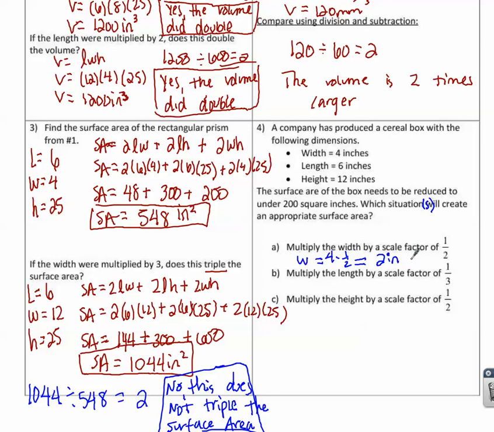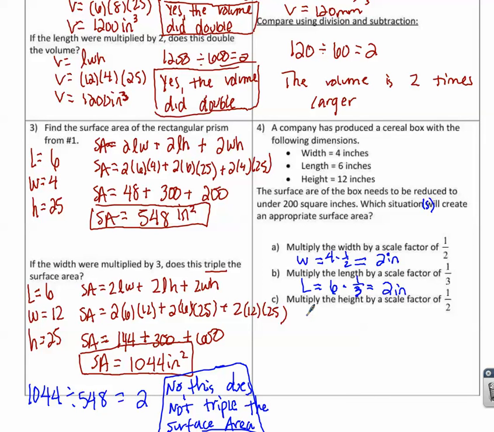So this will be scenario A. Scenario B is where you take the length and multiply the length by a scale factor of 1/3. Remember, multiplying by 1/3 is the same thing as dividing by 3. So for your length, which is 6 inches, if I multiply that by 1/3, I'm going to get 2 inches.